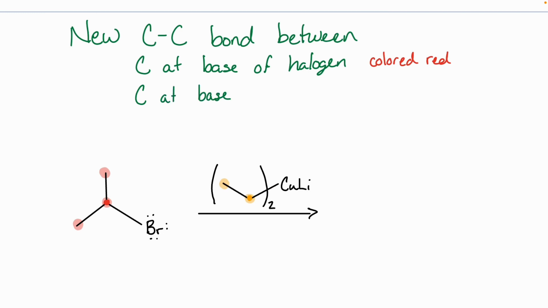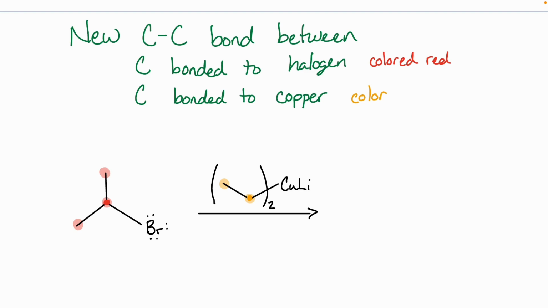I guess I could say bonded to, that'd be a more normal chemistry way to say it. Which I colored in orange. Alright, so that's the 2 that I'm going to connect.